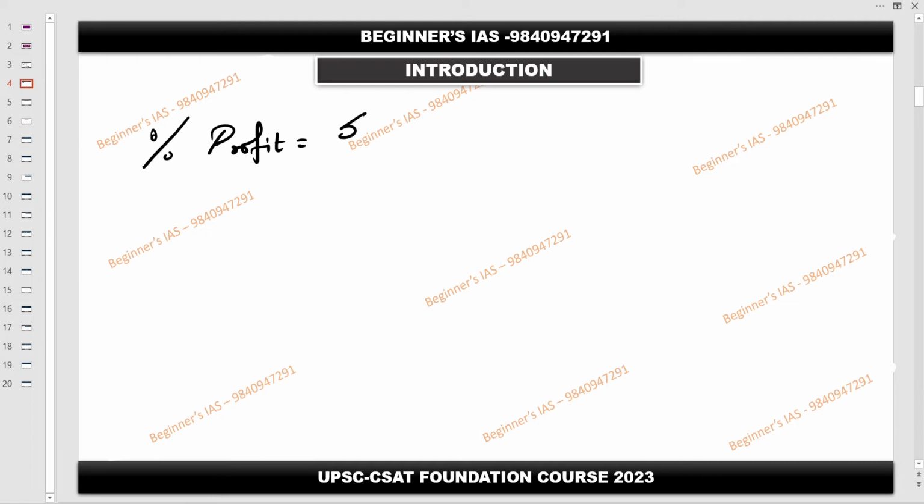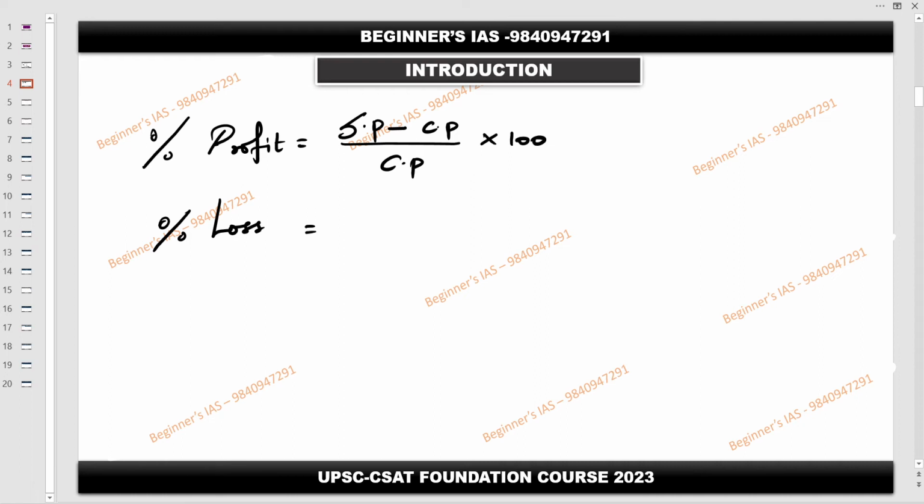That is nothing but selling price minus cost price. Always remember the reference is going to be your cost price. Profit and loss are calculated on the cost price, as we just saw. If it is negative, then obviously it is going to be the loss.